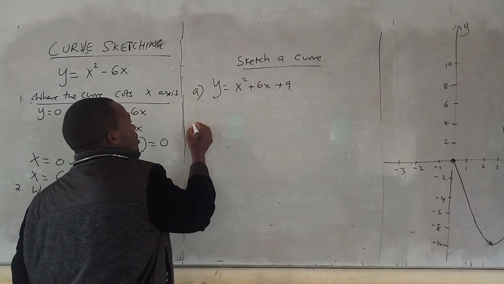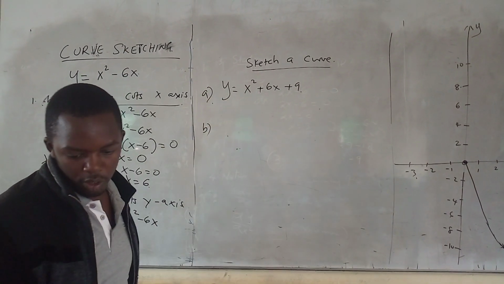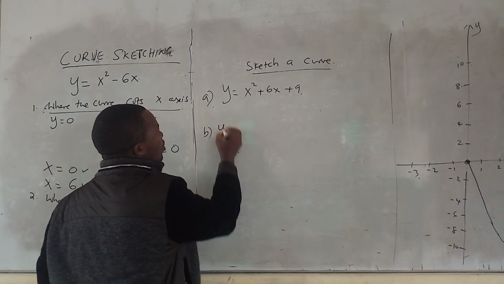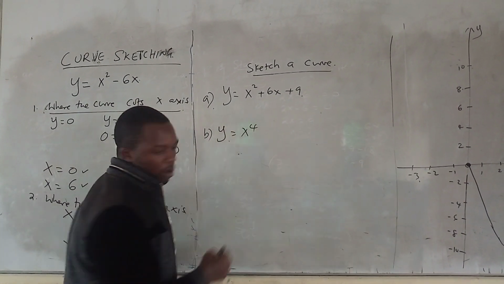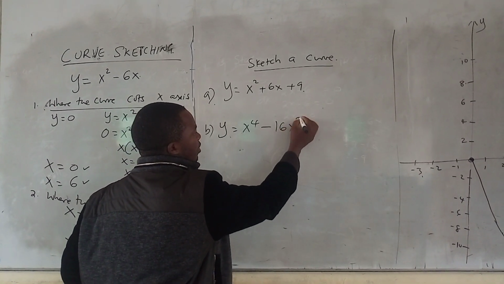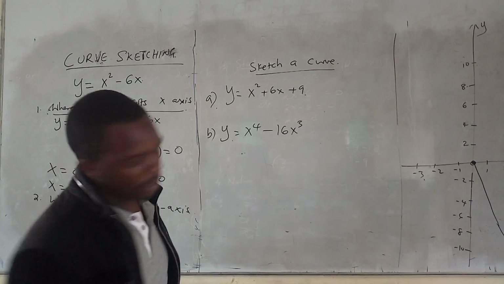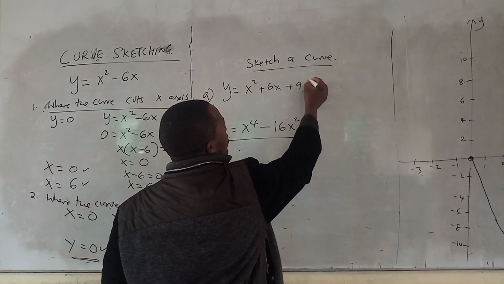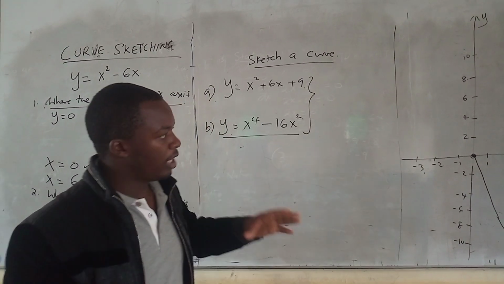The second question that I want you to do is y is equal to x to the power 4 minus 16x cubed plus 16x squared. This is another curve that I want you to sketch.